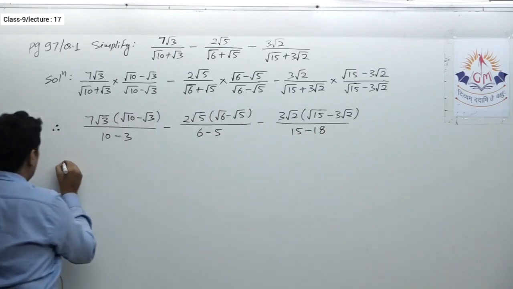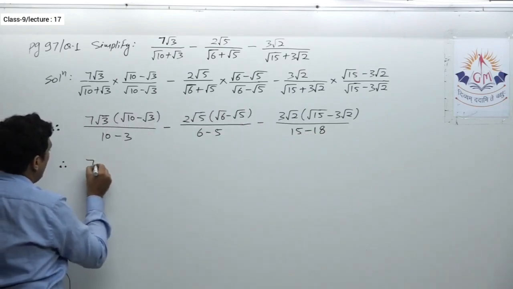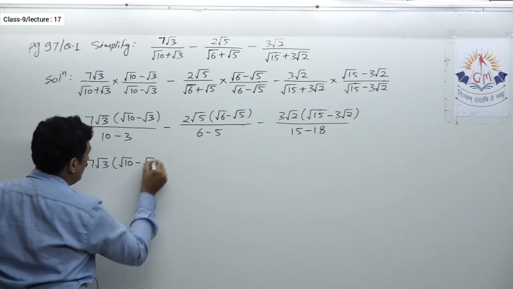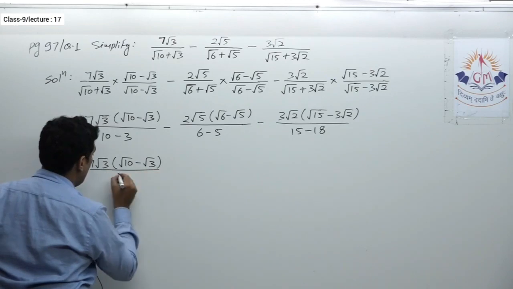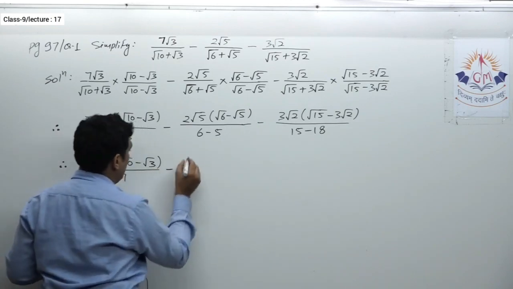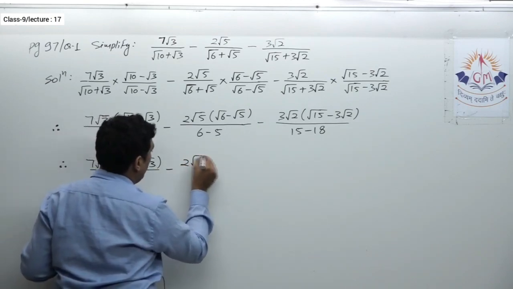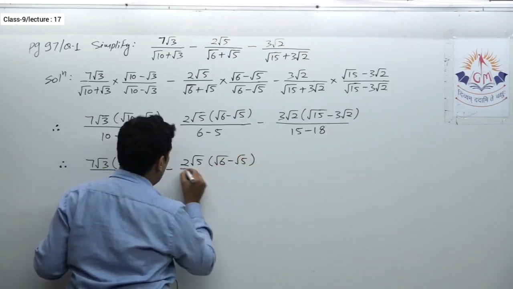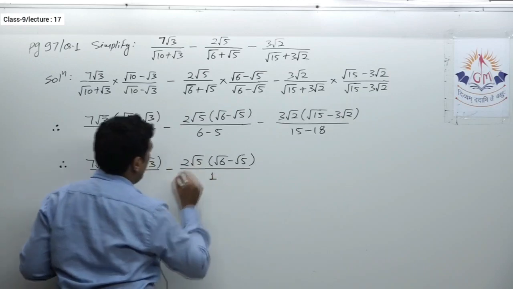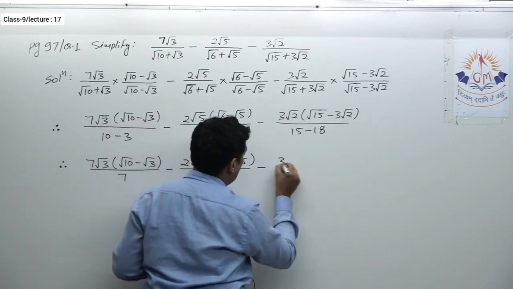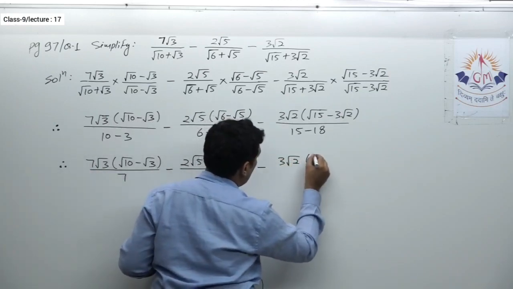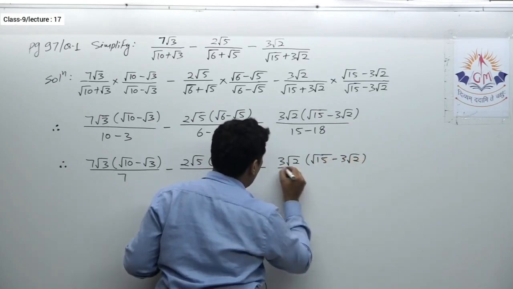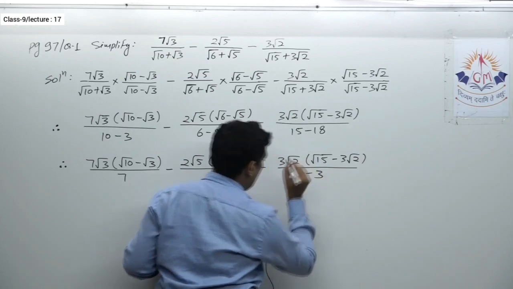Okay, so here I get 7 root 3 into root 10 minus root 3 upon 7, minus 2 root 5 into root 6 minus root 5 upon 1, since 6 minus 5 is 1, minus 3 root 2 into root 15 minus 3 root 2 upon minus 3.